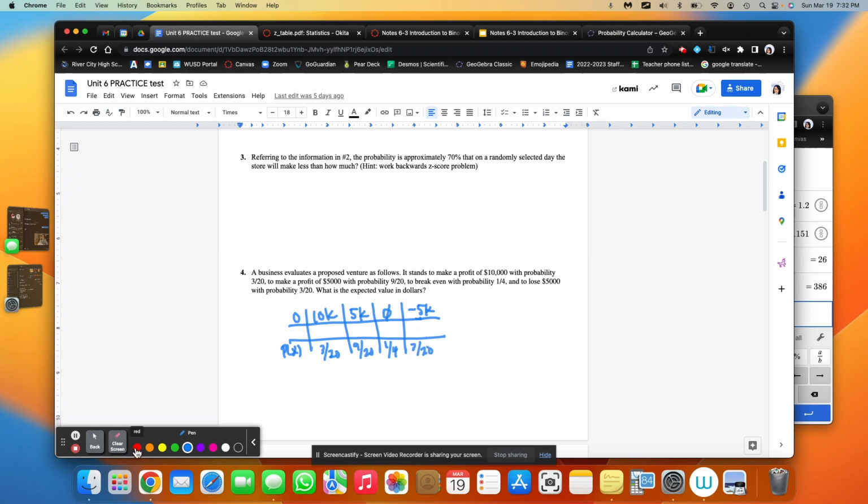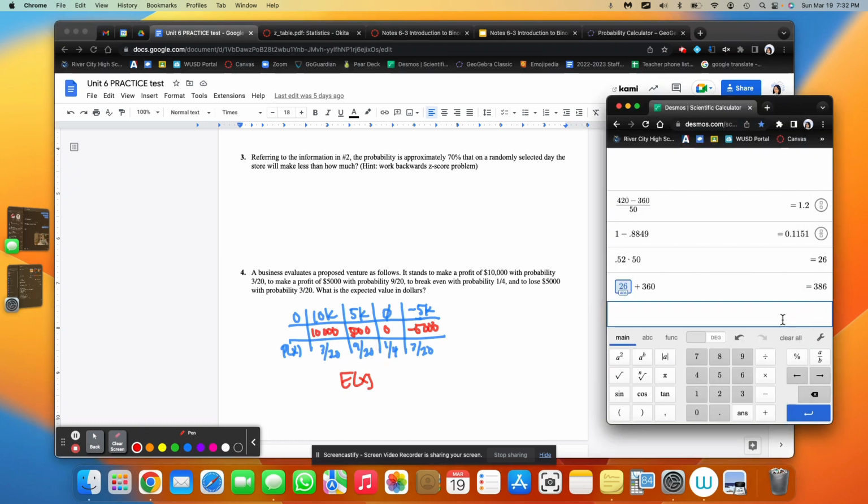So for the profit column, since this is just the profit, we're just going to put this here. So 10,000, 5,000, 0, and negative 5,000. So now to find the expected value, remember we multiply the profit times the probability and add those together. So I'm just going to do that in the calculator.